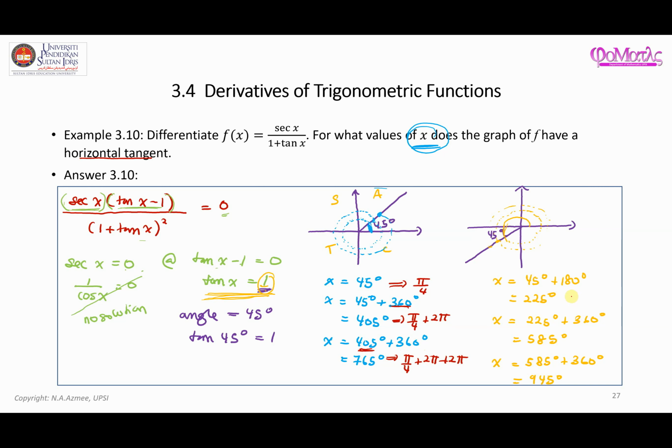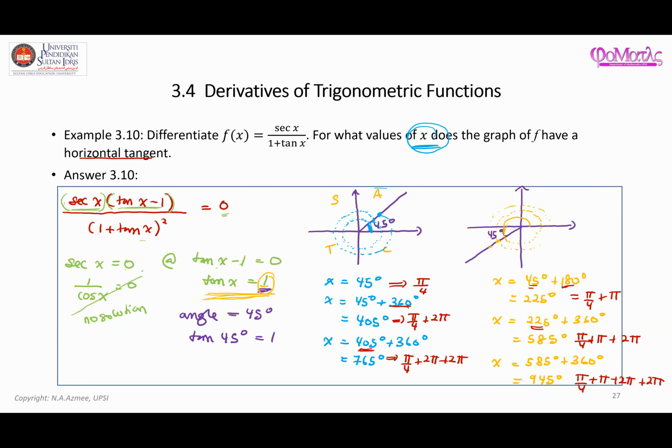And here, if you see, this is pi over 4 plus pi, since 180 degrees is pi, and this one is pi over 4 plus pi plus 2 pi, and here we have pi over 4 plus pi plus 2 pi plus 2 pi.